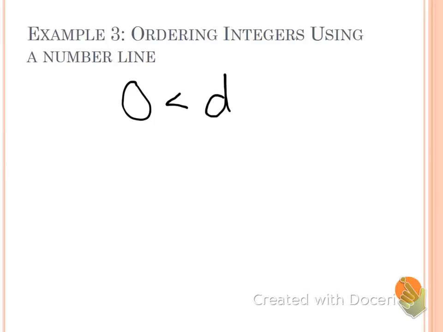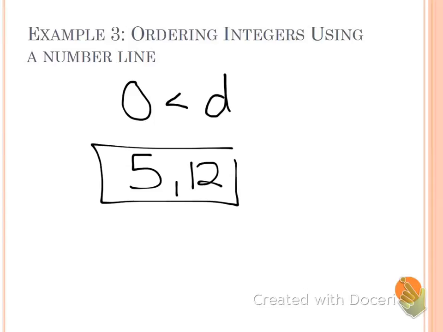Yep. What else, Deja? Keep it simple. 2 and 4? Did you write down 2 positive numbers? Okay, so you should have written 2 positive numbers. So 5 and 12, 10 and 15, any positive number.